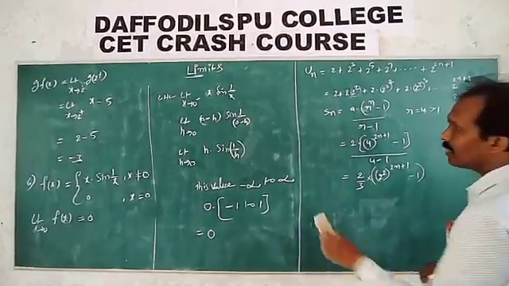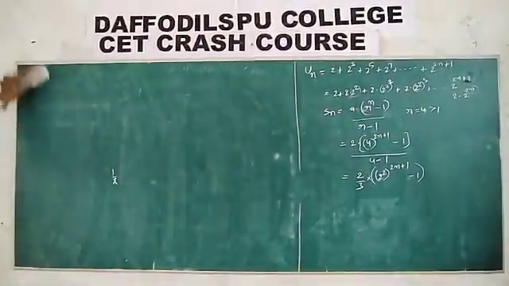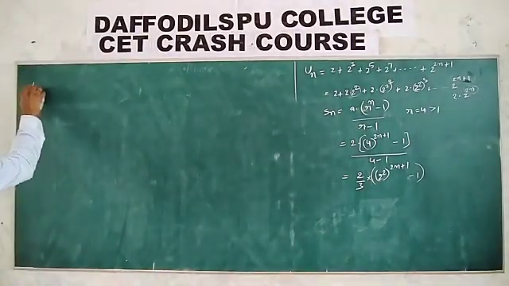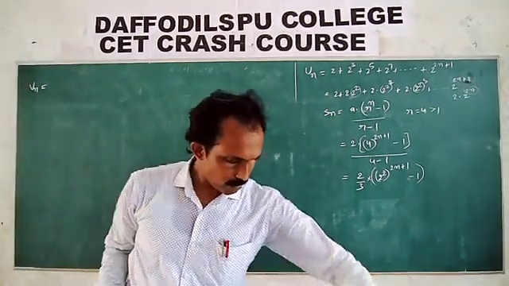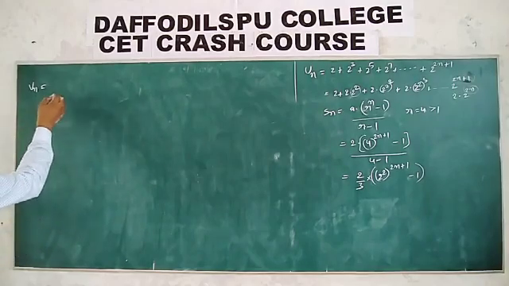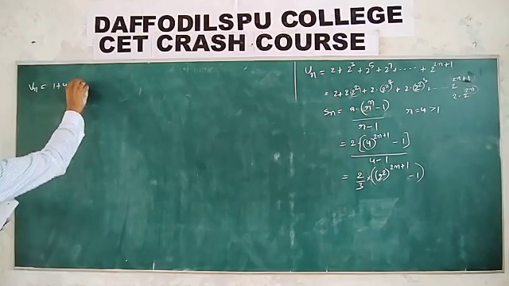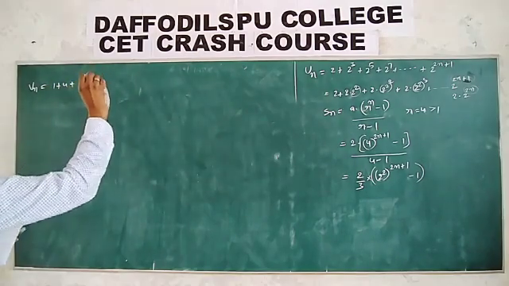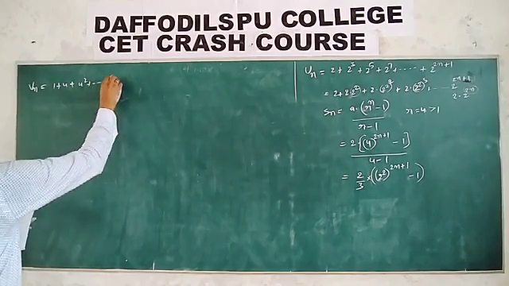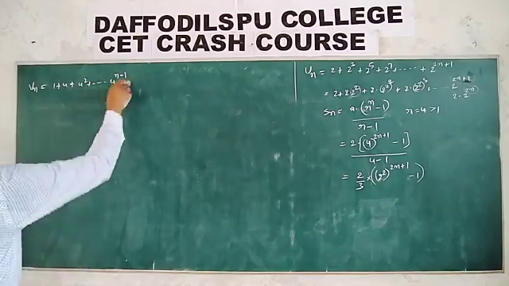Now find Vn. What is Vn? One plus 4 plus 4 square and so on plus 4 power n minus 1.